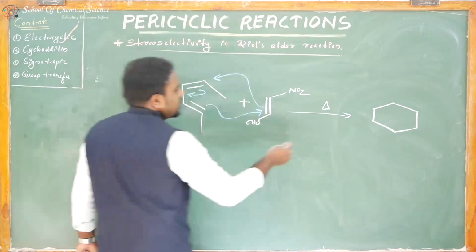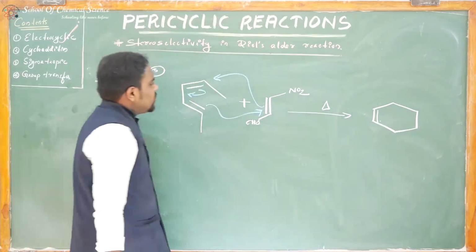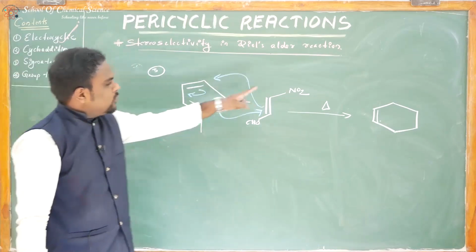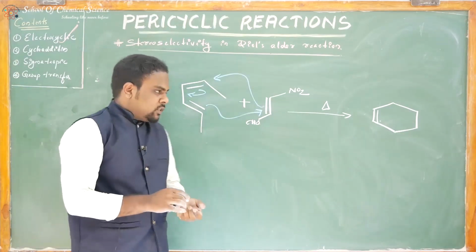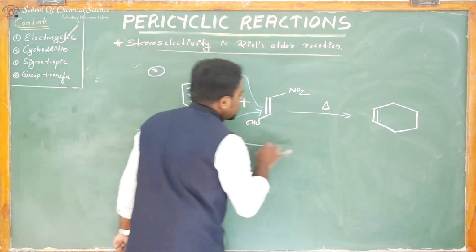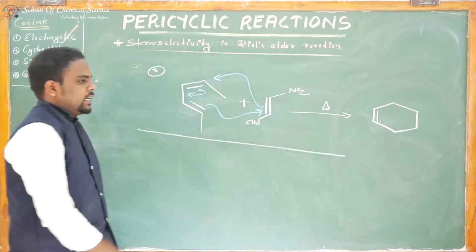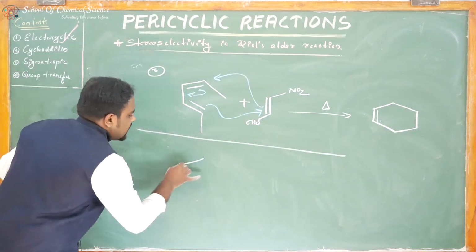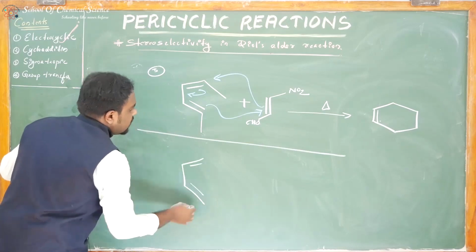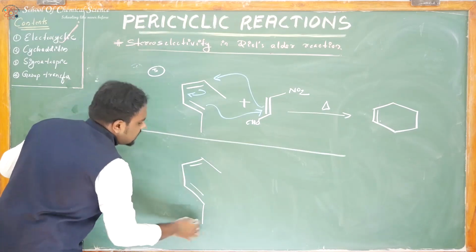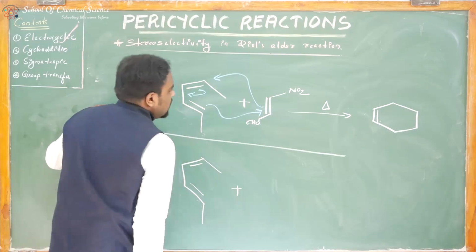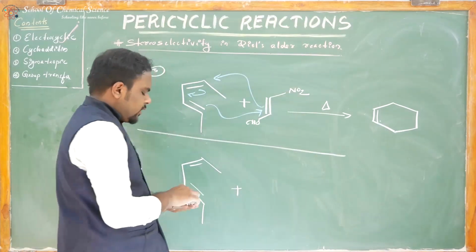Between these two carbons, a pi bond is there. You have to represent the stereochemistry of these two methyl groups and this NO2 and the CHO. For that, you can follow the simple method. Sketch the diene, here a substituent, here another substituent, plus two electron withdrawing groups.